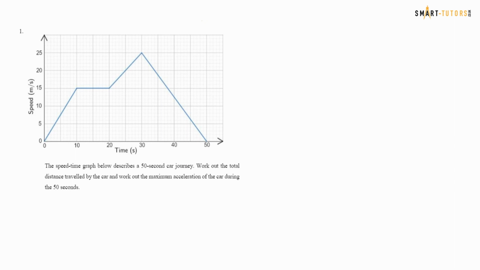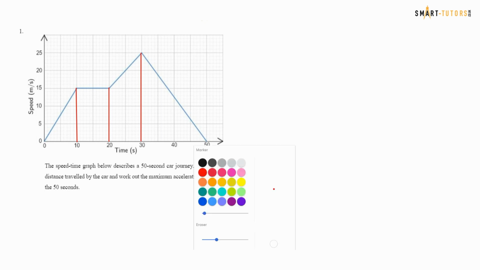area under the graph. So I'm going to divide this into several shapes. Let's look at this as a triangle and a rectangle, and this is going to be a trapezium, and the next one is a triangle again.